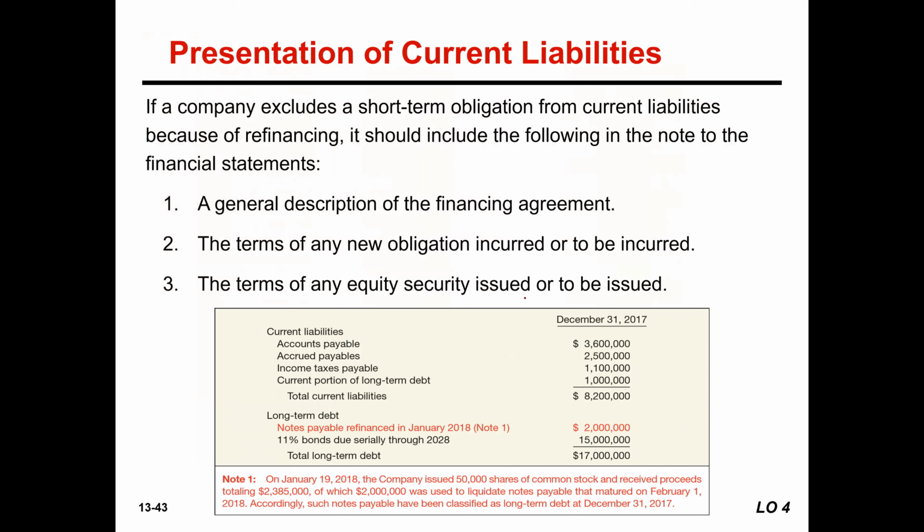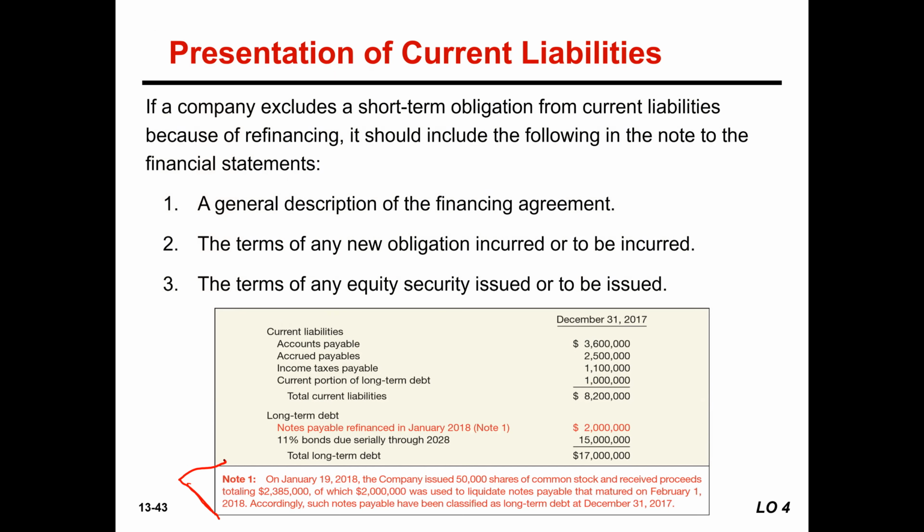Just like it's showing here, if a company excludes a short-term obligation from current liabilities because of refinancing, it should include the following in the note to the financial statements: a general description of the financing agreement, the terms of any new obligation incurred or that will be incurred, and the terms of any equity security issued or to be issued. So that's what they're showing us down here.